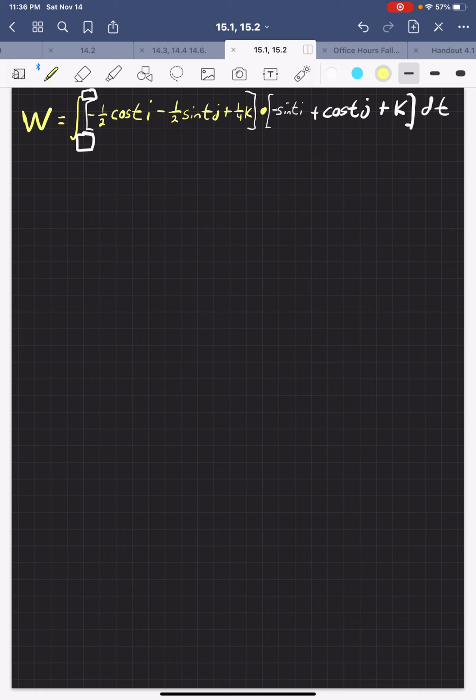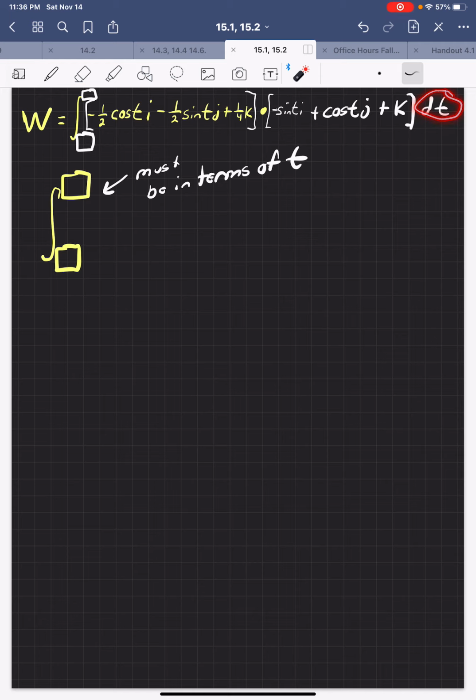So the bounds for our integration also need to be in terms of t. Okay, because if you're going to integrate with respect to t, then you're going to want to plug your bounds back in for t. So we need our bounds to be in terms of t. So what we're going to do is let's start with the points that we're given.